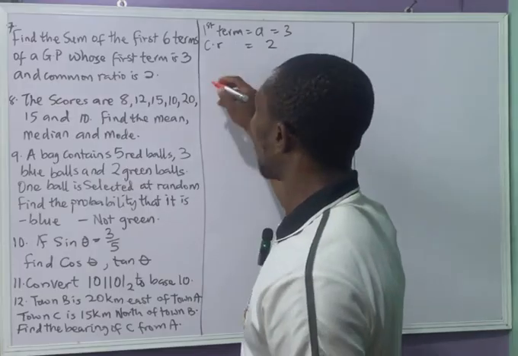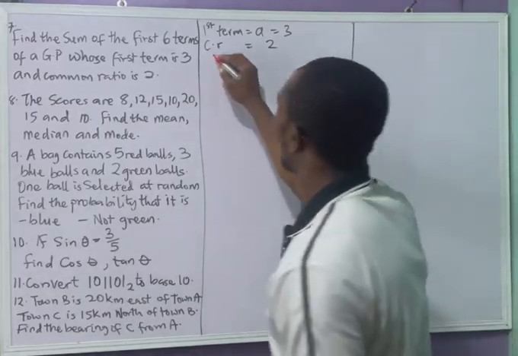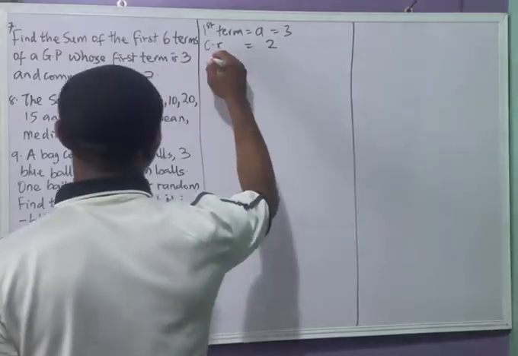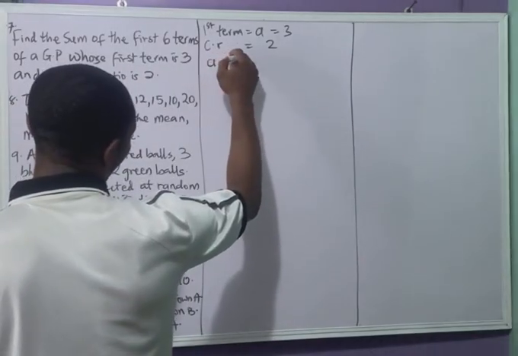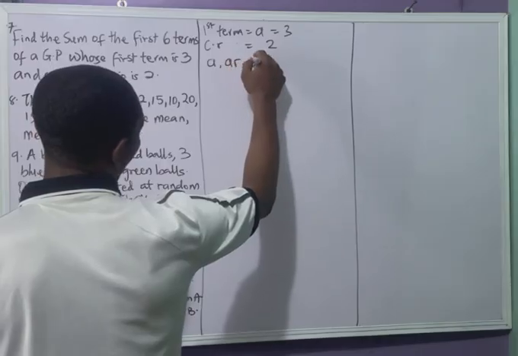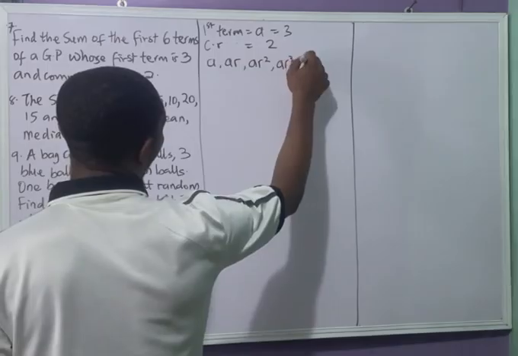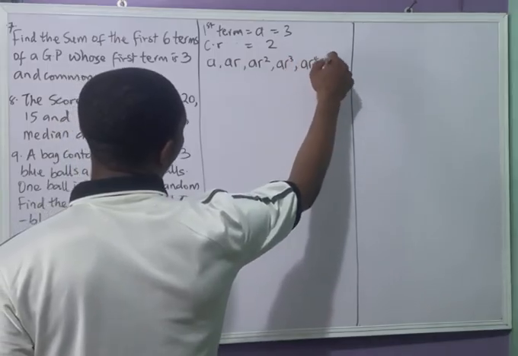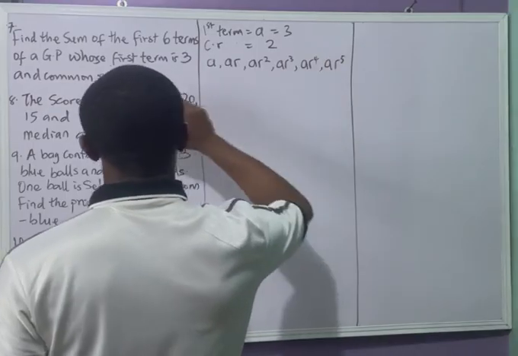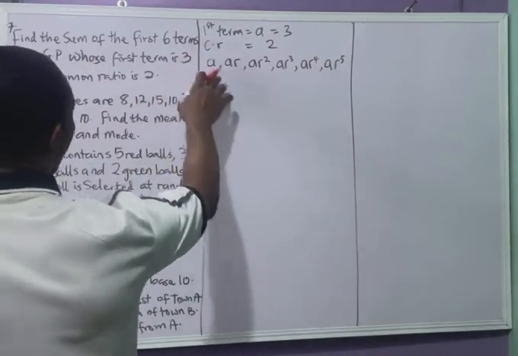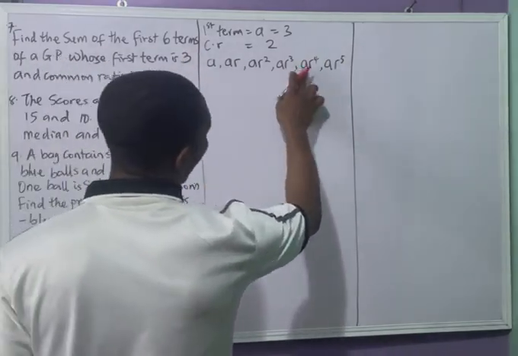Okay, now we know for a GP, we have our sequence in this way: A, AR, AR², AR³, AR⁴, and AR⁵. That is for the first 6 terms: 1, 2, 3, 4, 5, 6.